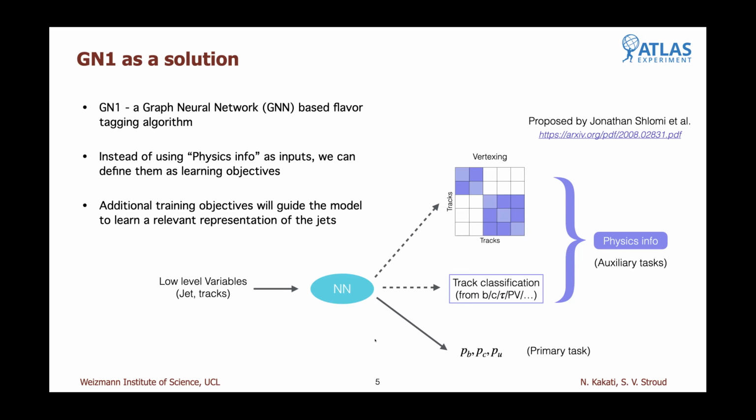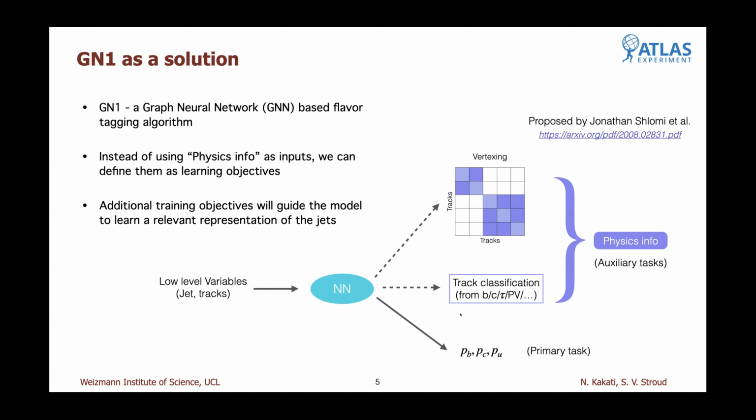This is a schematic for this idea. Your inputs go to the network, and at the bottom you have your primary task, which is predicting the probabilities for the jet being a B, C, or light jet. But additionally, you have two auxiliary tasks. The first one is the task of vertexing. For each track pair, you try to predict whether they came from the same vertex, the same origin.